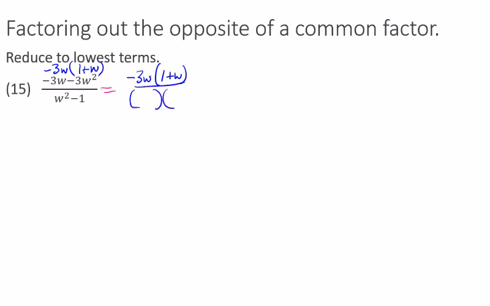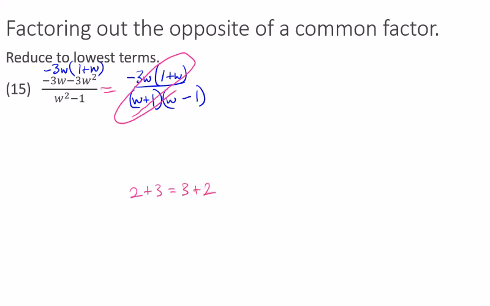So I usually put, if I have a GCF, I factor out on top just in case there's more I can factor. But here we couldn't factor anything more. On the bottom, we have a difference of 2 squares, right? W here, square root of 1 is 1. So we put a 1 there, plus here, minus there, okay? Now here, there's nothing that we have to do with 1 plus w and w plus 1, right? Those are the same things, right? We talked about 3 minus 2 and 2 minus 3. The commutative property for addition works, right?